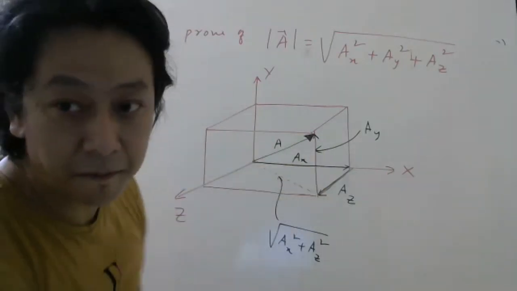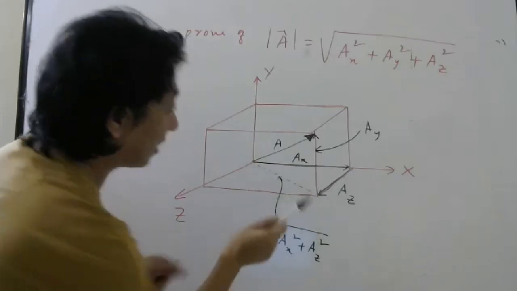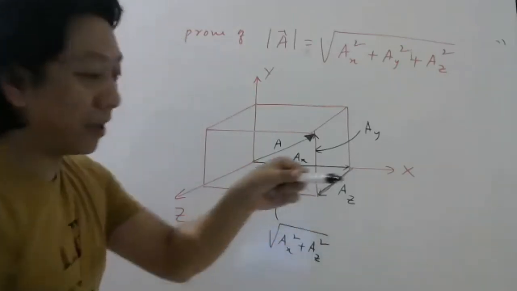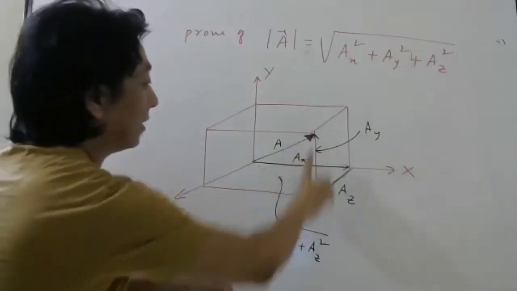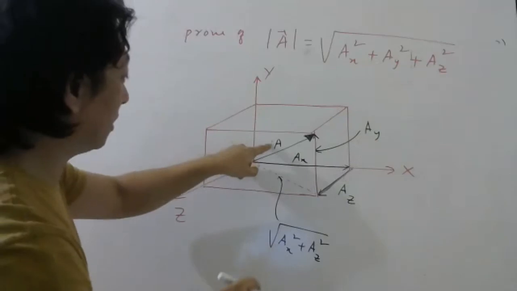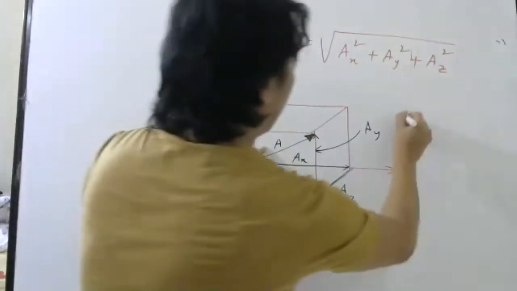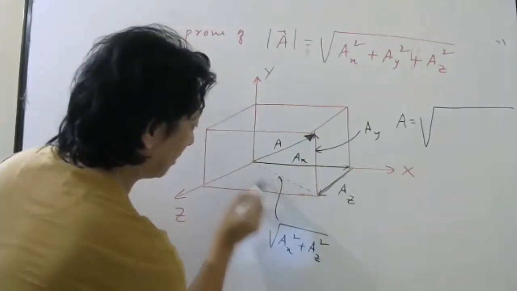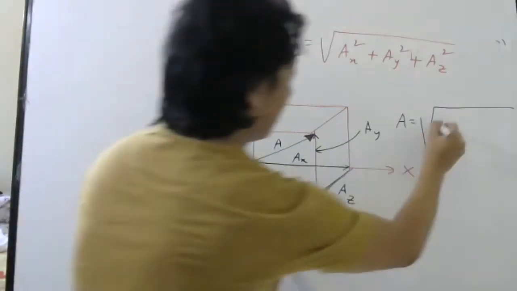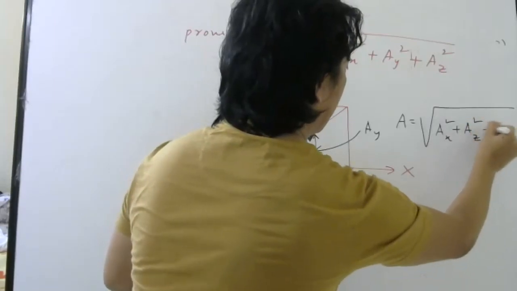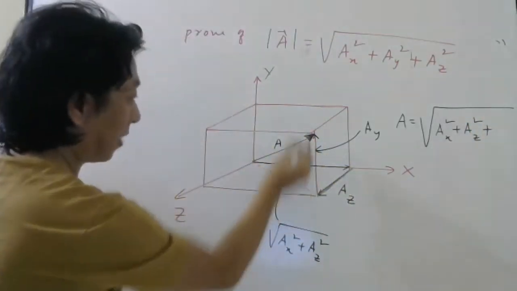Accepted or not? This line is on XZ plane, right? This line is here. So if I draw this, A is the hypotenuse of this and this. So your A will be root over AX square plus AZ square plus AY square.